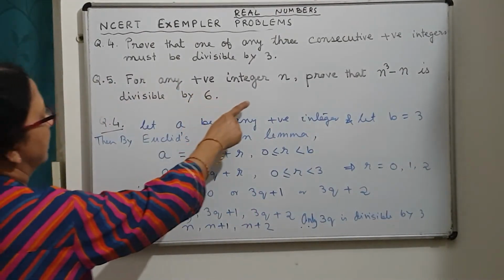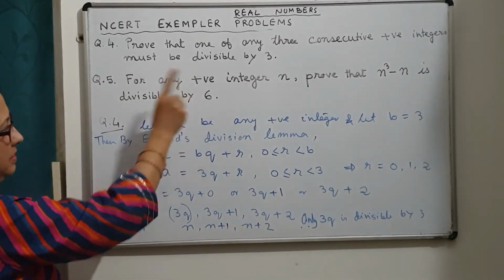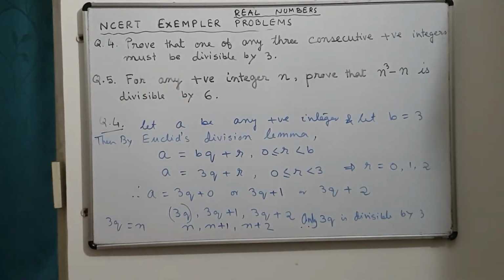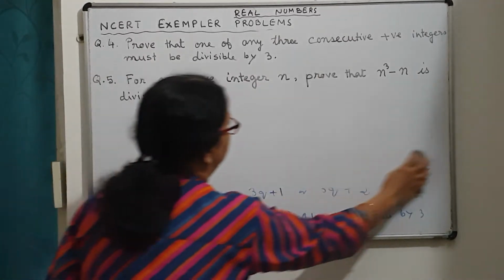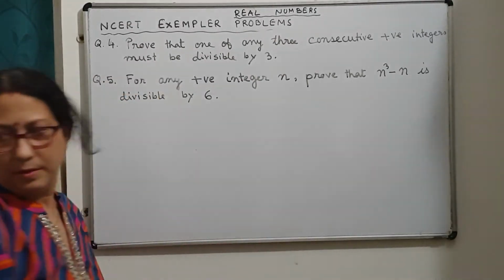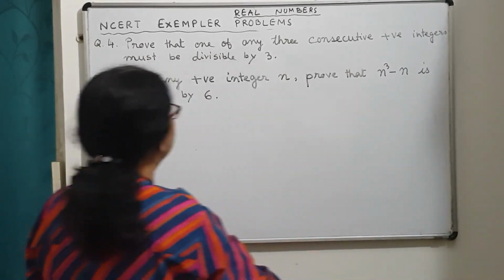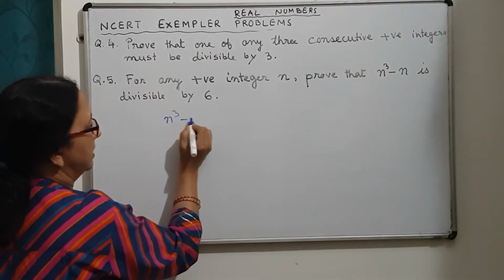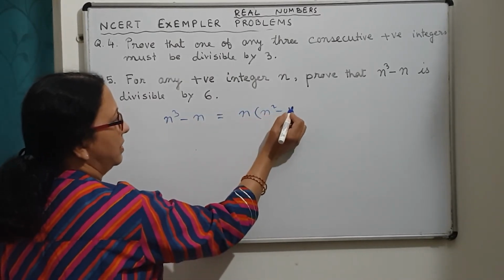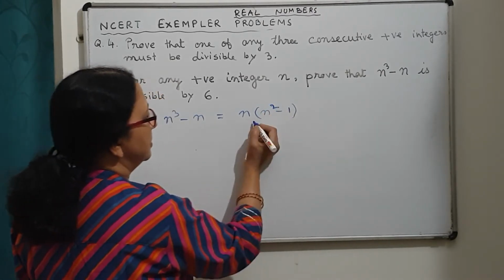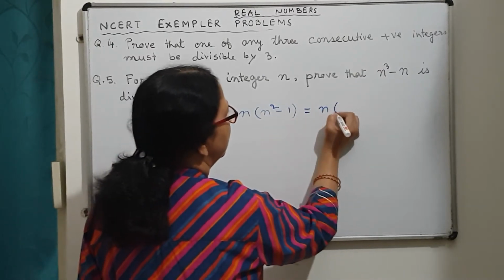For any positive integer n, we have to prove that n cube minus n is divisible by 6. Okay, so what will you be doing? Now question number 5, I'll be solving now. n is any positive integer. So what is n cube minus n? n cube minus n can be factorized as n into n square minus 1. If I take n common, then this can be further factorized using a plus b into a minus b.